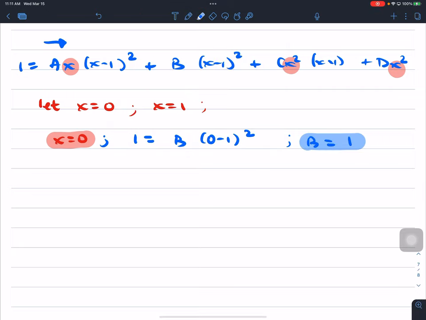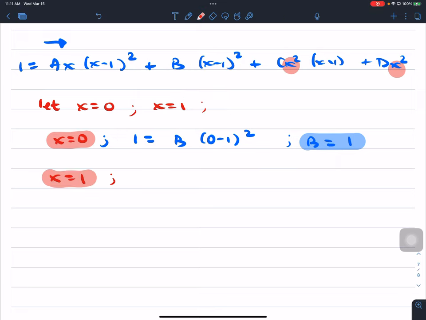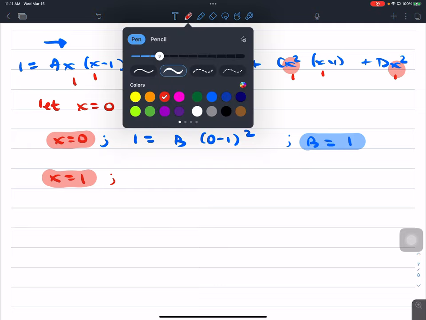Okay. Now, if you let x be 1 now, what happens when x is 1 now?